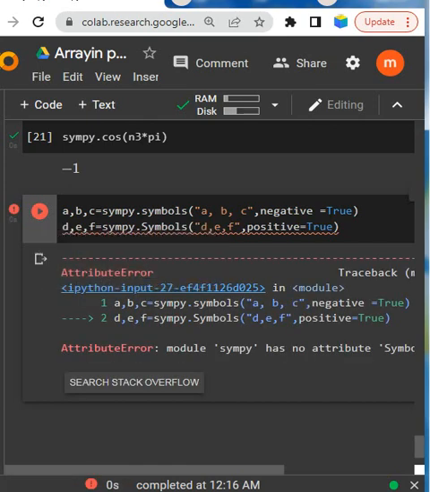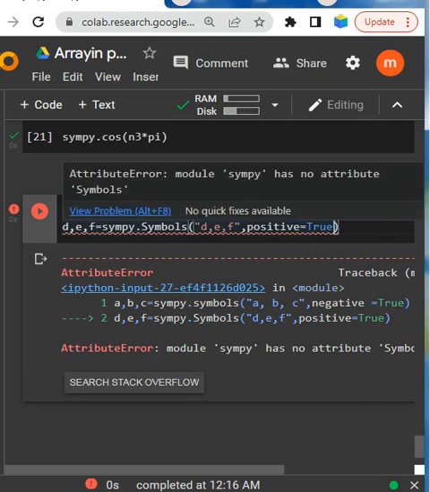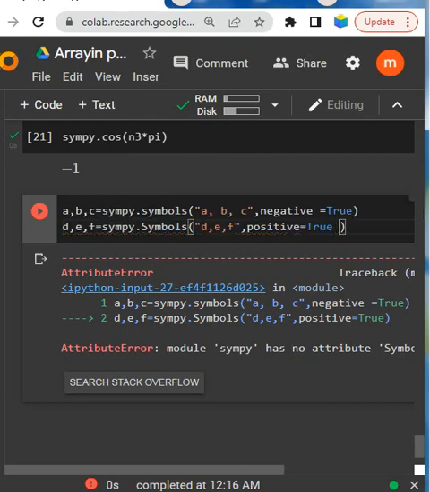So I hope D comma E comma F has been done, and this one is positive. Let's see, positive equal to true.